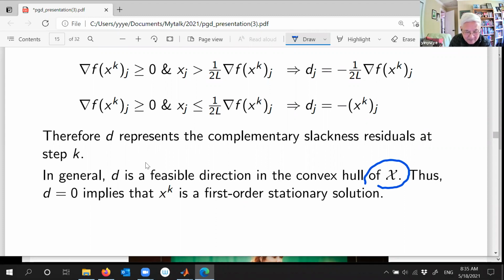Okay, x itself may not be convex, but because x_k plus 1 and x_k are both feasible, the difference of these two successive solutions represents a feasible and descent direction in the convex hull. Then you can easily prove when d equals 0, x is going to be a first-order stationary solution. We still cannot claim this is a local minimum, typically because you assume non-convex.